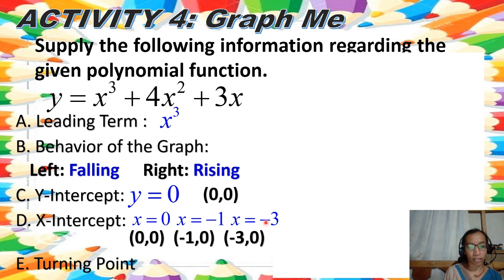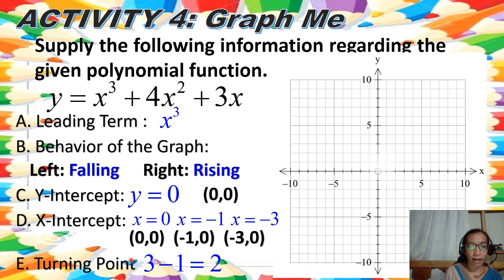Last thing to consider is the turning points. So by using the degree, which is 3, 3 minus 1 is 2, so there are 2 turning points. After finding out these 5 things to consider, let's have our Cartesian plane.